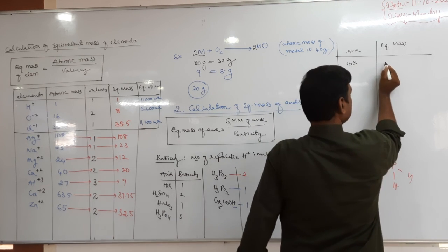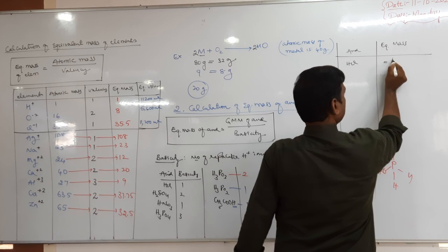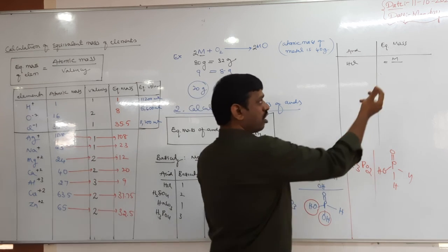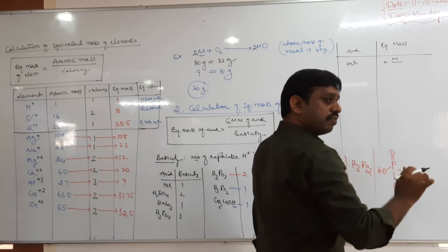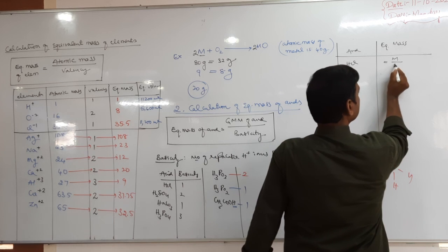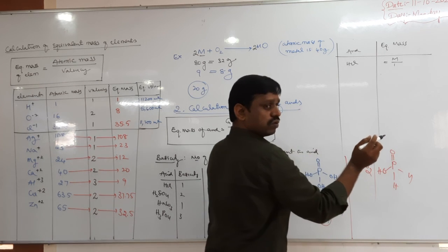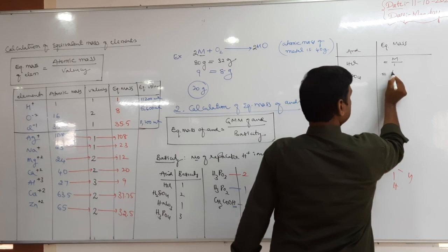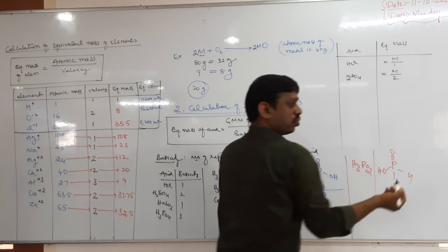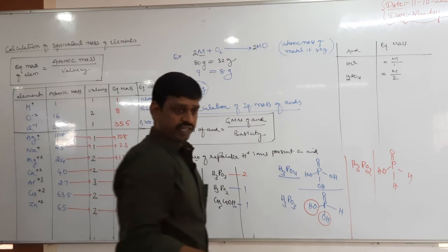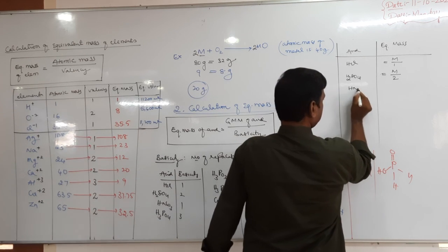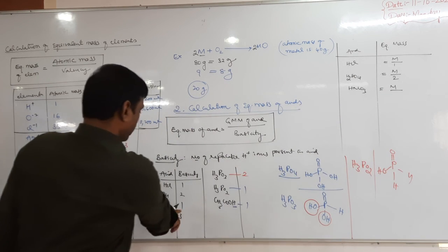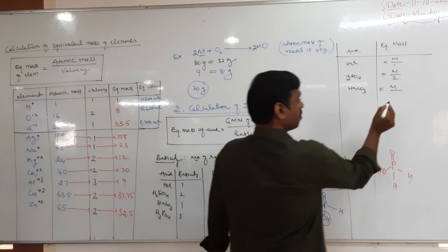Equivalent mass equals molecular mass M, 36.5, so M by 1. Next, H2SO4: molecular mass is M, M by 2, where 2 is the basicity. Next, HNO3: M by 1.